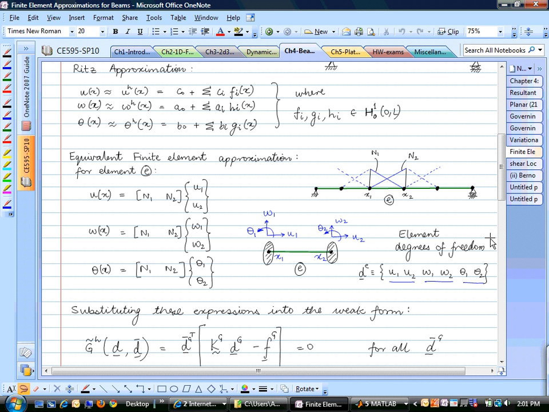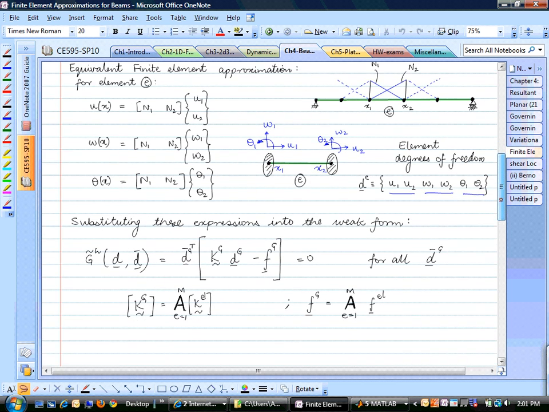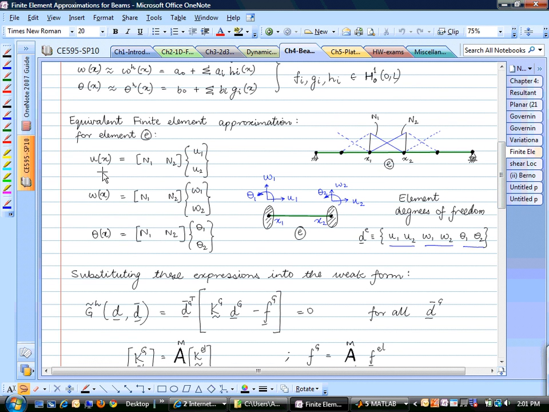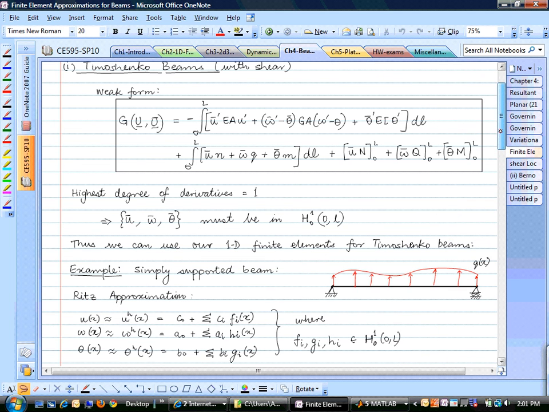W. So once you make these approximations, you've said that U is equal to N times D, and you take that U is equal to N times D and go back and plug it into all these terms. Everywhere that U occurs, you substitute that expression N times D, W prime, theta, and all those terms.